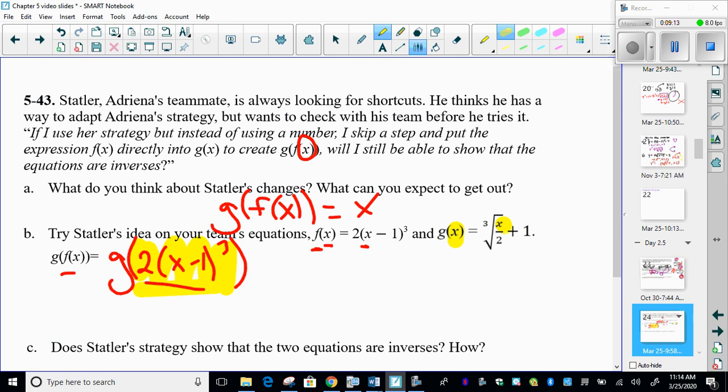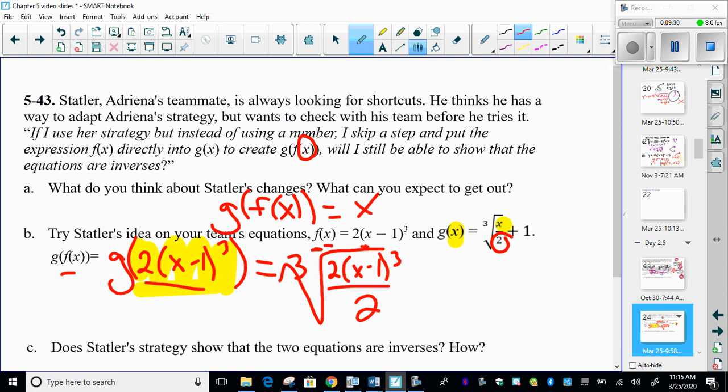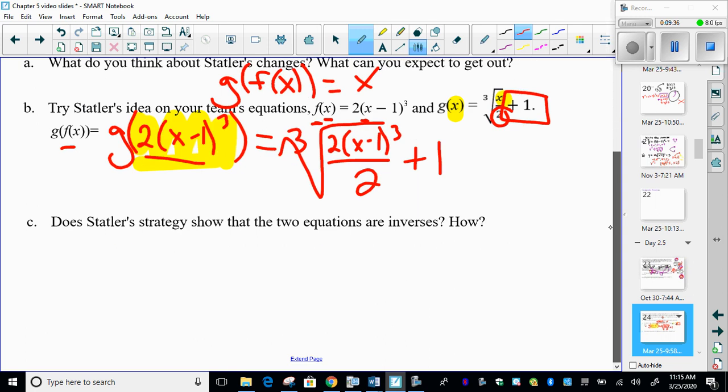So, let's get my pen back. This is equivalent to the cube root of x, that x is 2 times the quantity of x minus 1 cubed, but that's still divided by 2, and then it still says plus 1. So now what I'm going to have to do is simplify that.